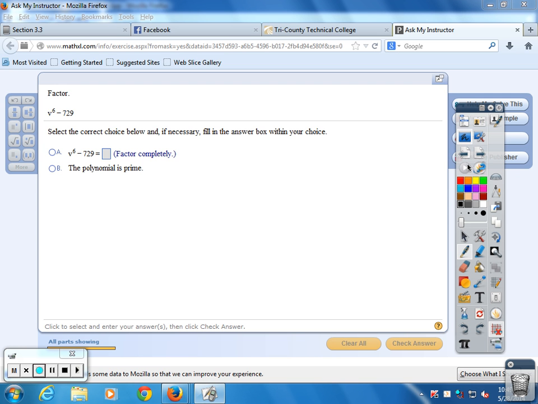Take 729 in your calculator, 729, not 725, and raise it to the 0.5 power. That's the half power, which means square root. And what do you get?